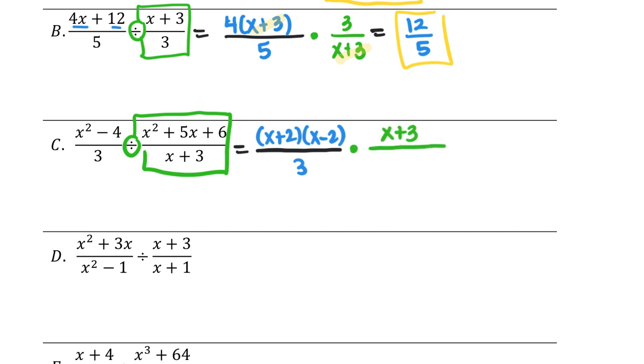I'm going to go ahead and factor the x squared plus 5x plus 6 at the same time. So that's x times x to get 6, 3 times 2 to add up to 5, positive, positive. Let's see what cancels. 1 here, 1 here. So I am left with x minus 2 in the numerator, and then I have a 3 in the denominator.